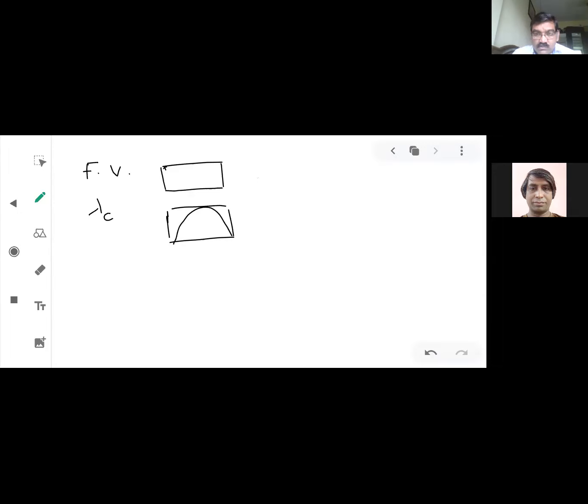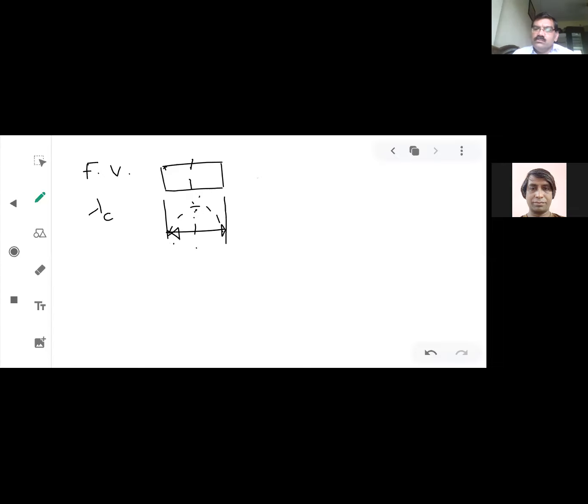Just now we discussed. This is the mid of the waveguide. So you can see that the peak of the voltage exists at the center.